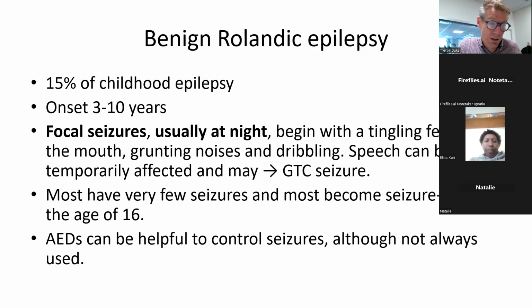You don't diagnose benign Rolandic epilepsy if the child's having daytime seizures, if they're having other forms of seizures, if they have neurodevelopmental problems. But if they're otherwise well and just having these nighttime, early morning seizures, then it may be benign Rolandic epilepsy. Now, if the child's having more than 2 seizures, then most parents want that treated.